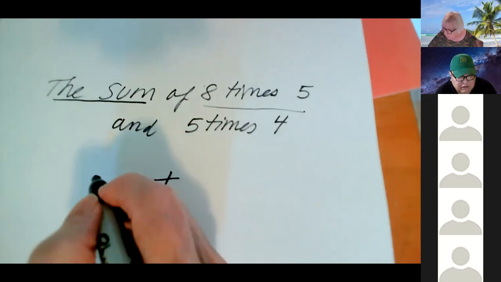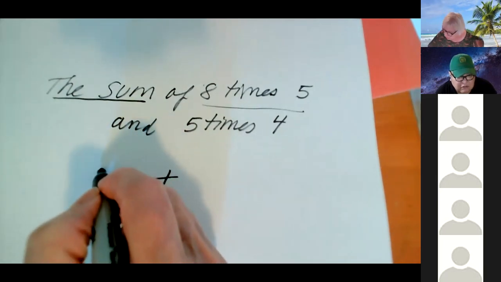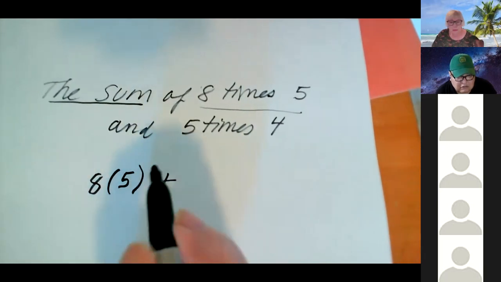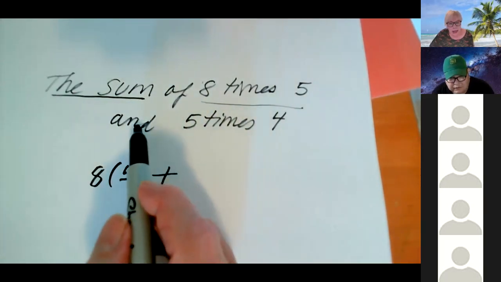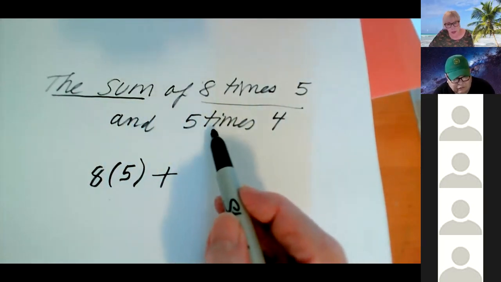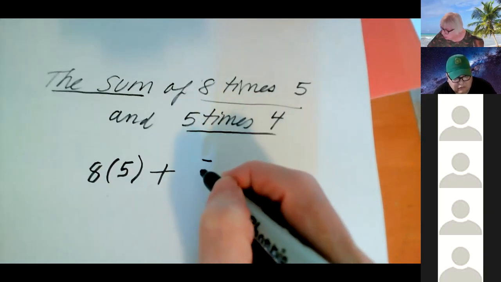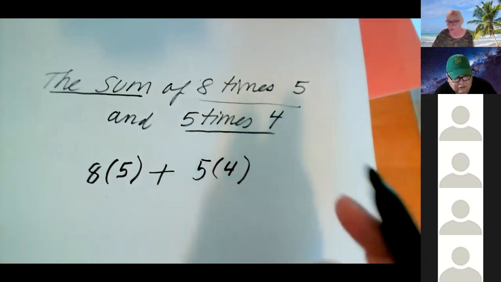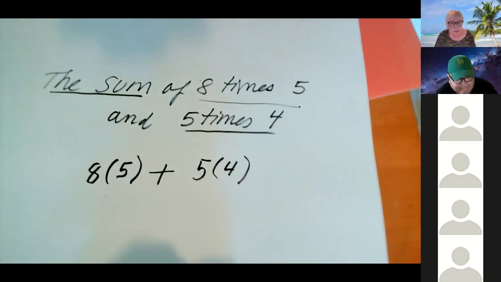Multiply. Yes, and which symbol do you want to use this time? Parentheses. Okay, 8 parentheses 5. Is that good? Yeah. That's one. And the second one is what? 5 times 4 in parentheses, like that, or a dot. You can use a dot. I don't care. I kind of like parentheses, but it doesn't matter.